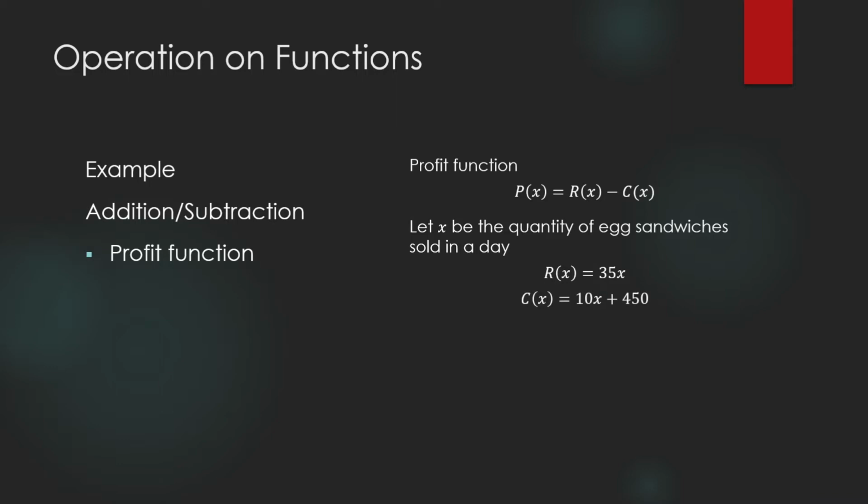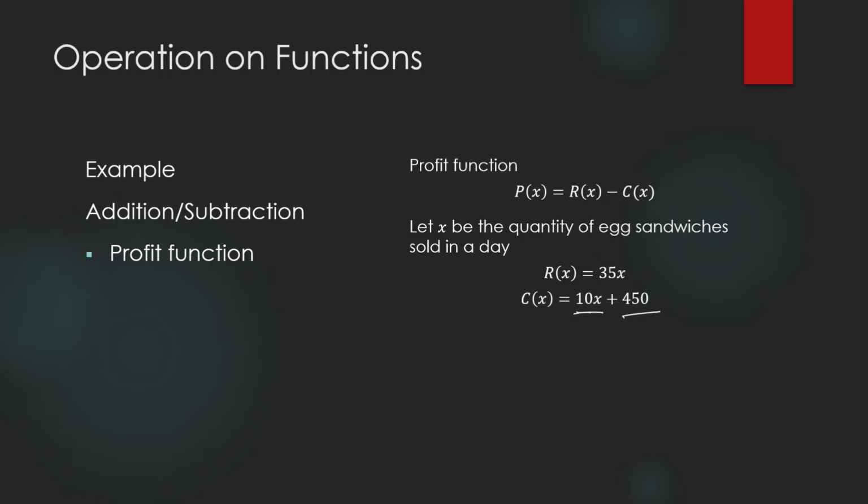What about the cost function? The cost function is C(x) is equal to 10 times x plus 450. Again, this is in pesos. You can look at 10 as the variable cost of producing an egg sandwich, the cost that goes into the egg, the mayonnaise, the ketchup, the bun, etc. So you can look at this as the variable cost.